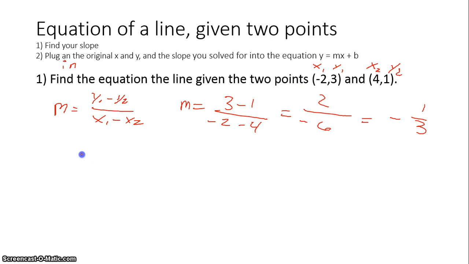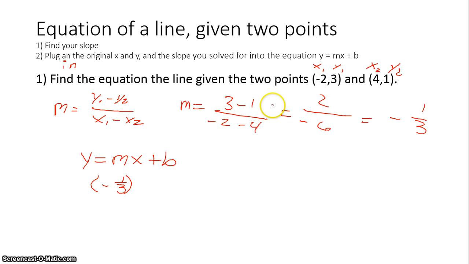So you have the slope-intercept form y equals mx plus b. Now I know my m, I just solved for it, -1/3. And now I need an x and a y. So I have -2 and 3 or 4 and 1.